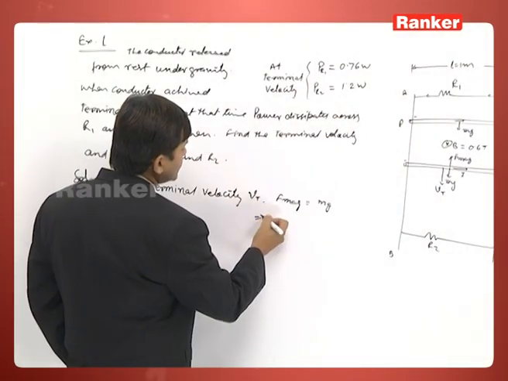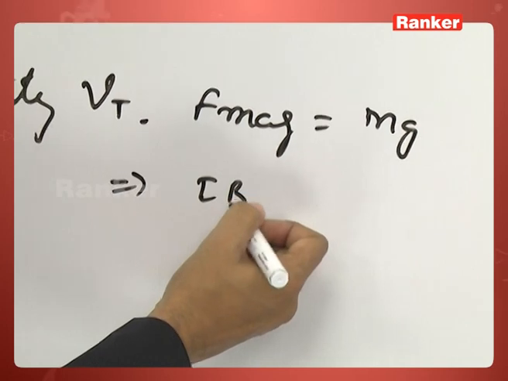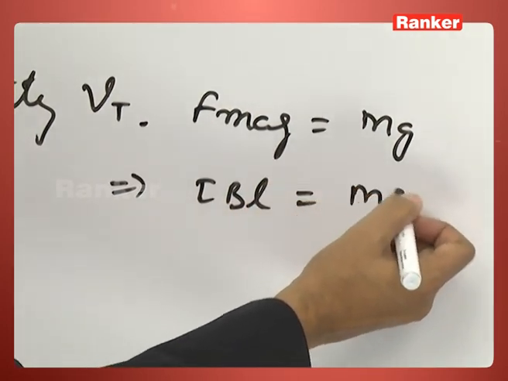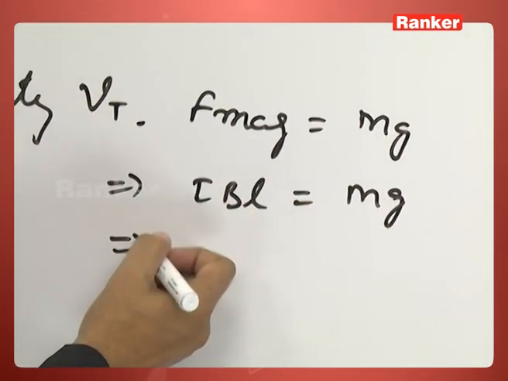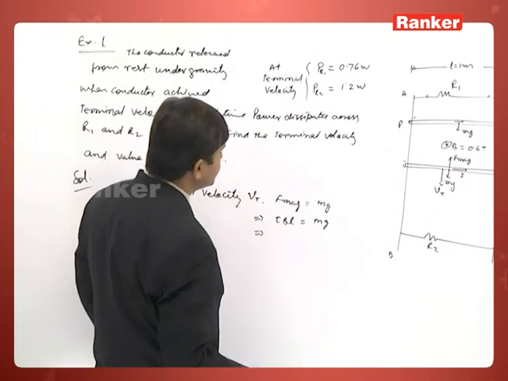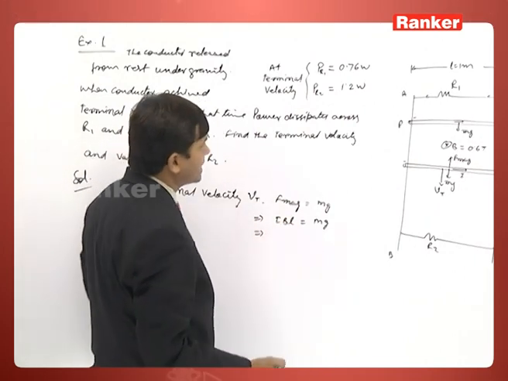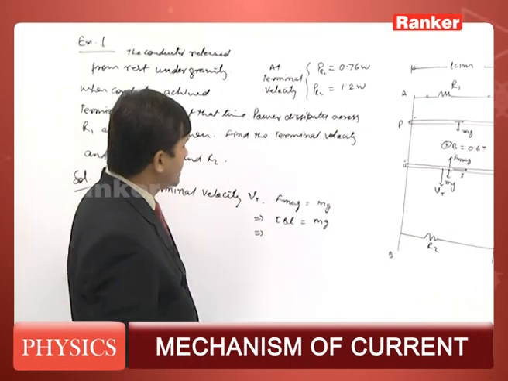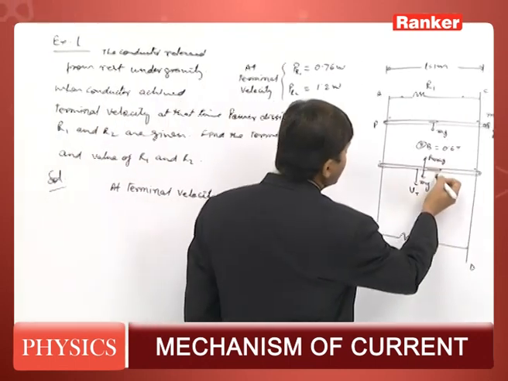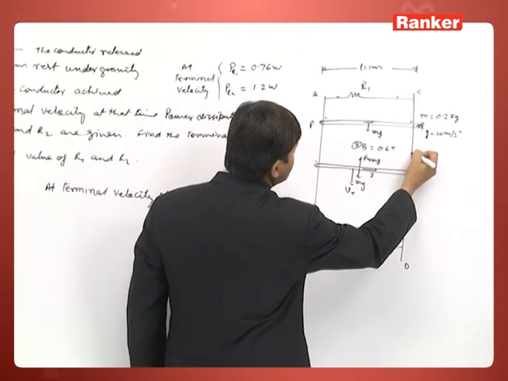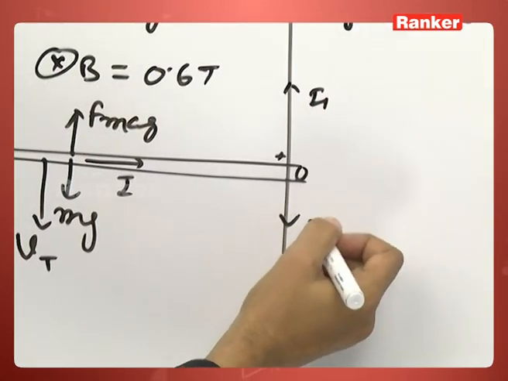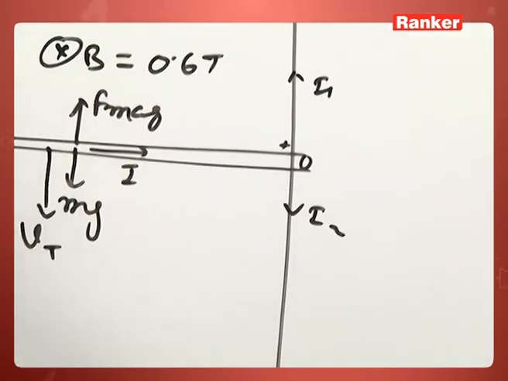The magnetic force F, as we know, is I B L, and this equals mg, the weight. First of all, the value of I here. I is the EMF divided by the resistance. Some part of I will go through R1 as I1 and some through R2 as I2, and these three are in series.